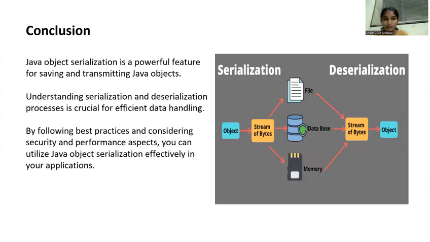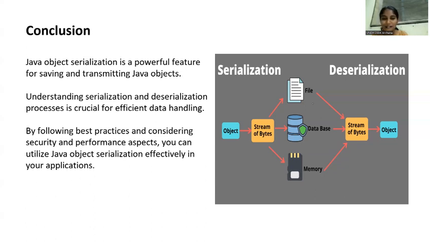And next is the conclusion. Java object serialization is a very powerful feature for saving and transmitting Java objects. Understanding this concept is very crucial for efficient data handling, where data must be handled in an appropriate manner in order to secure the data. In that process, deserialization is very helpful.